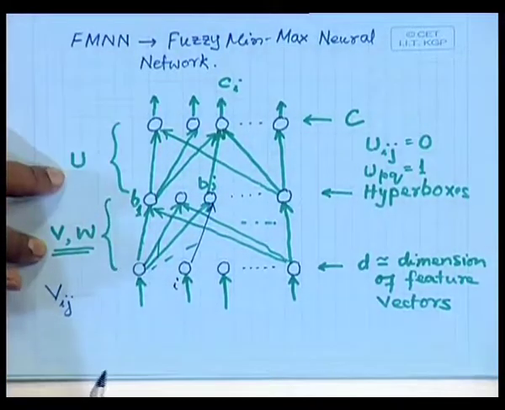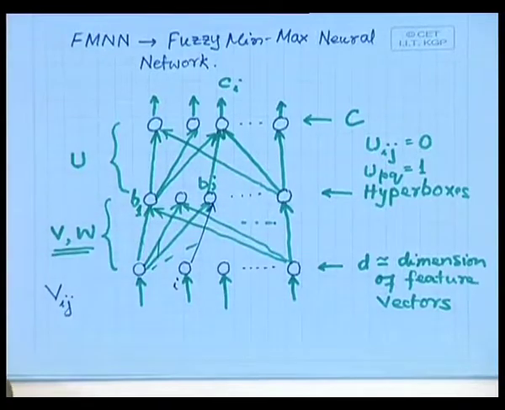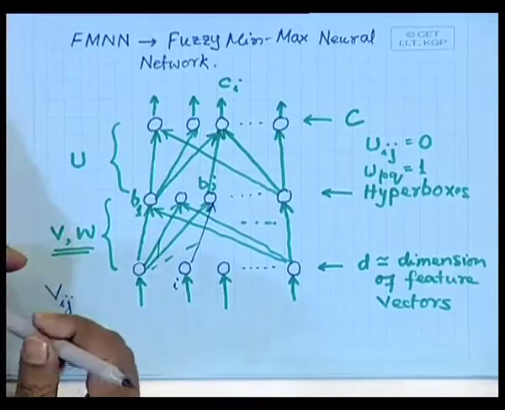I get the third point, assuming that for the class of the third point, I already have created one hyperbox in the middle layer. If one or more hyperboxes exist, then I have to see whether this third point can be accommodated in one of those hyperboxes or not.